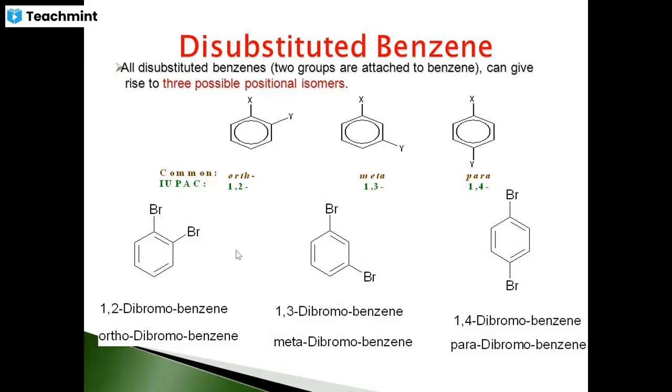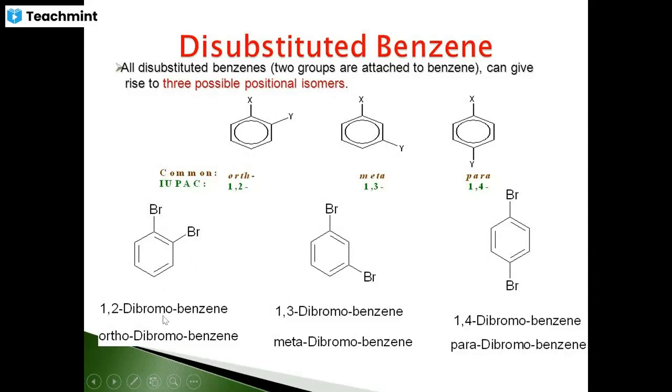These are the prefixes given for the substituents, indicating how many are present, as well as the position of the substituent on the benzene ring or parent compound. Here two bromine atoms are there, so we can use di as the prefix.